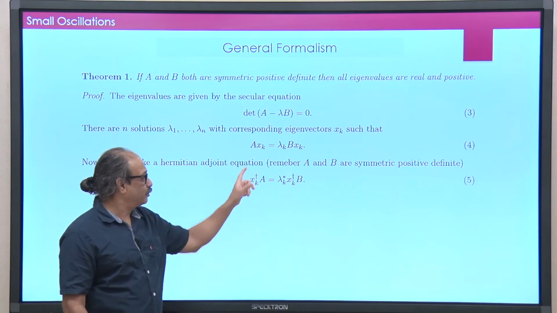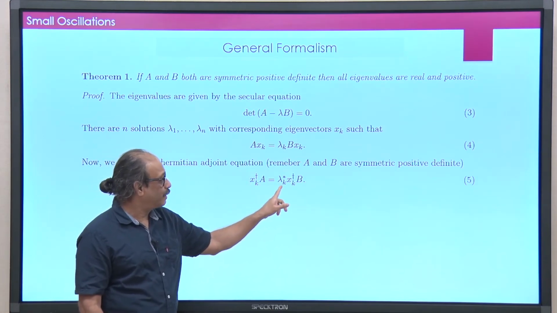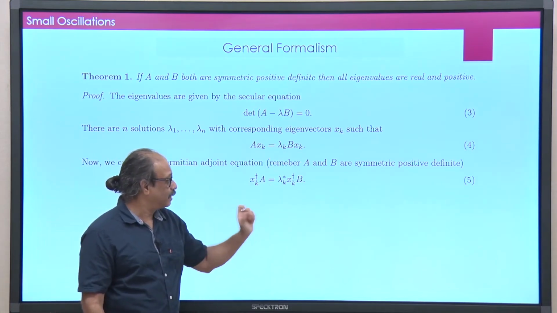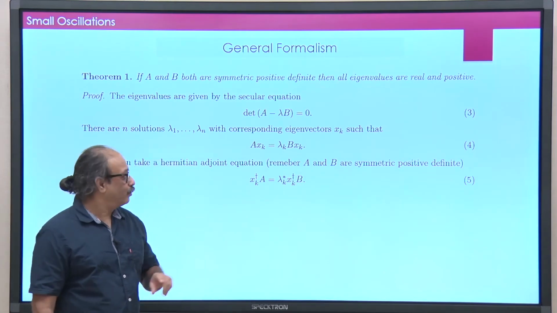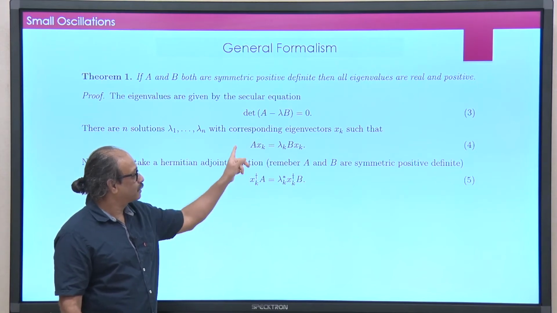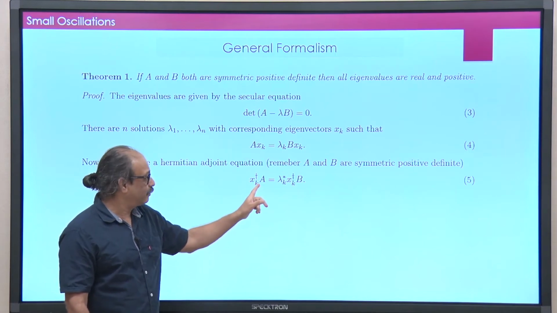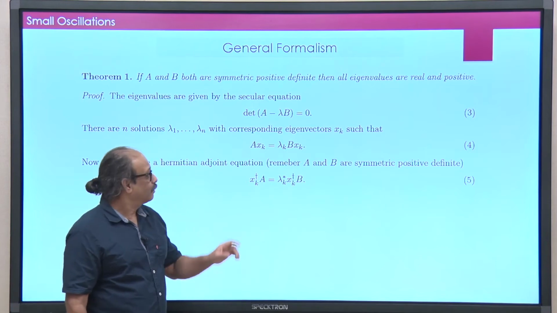So, when I take the transpose, I will get x k dagger A is equal to lambda k star, because we are still not assuming that lambda k is real, x k dagger B. And the trick is you multiply the first equation by x k dagger from the left and multiply the second equation by x k from the right.